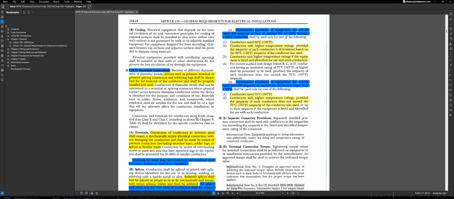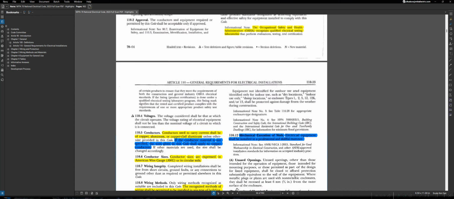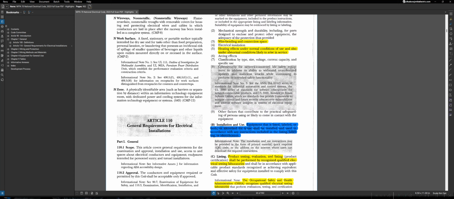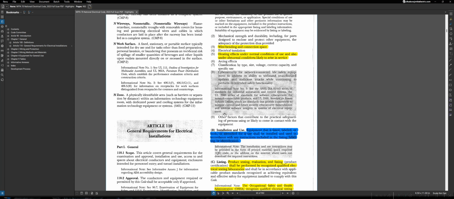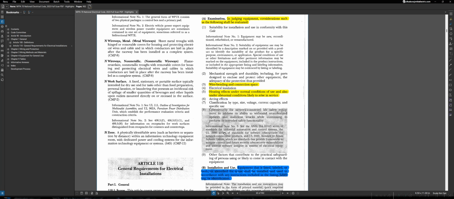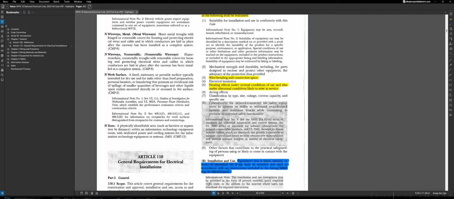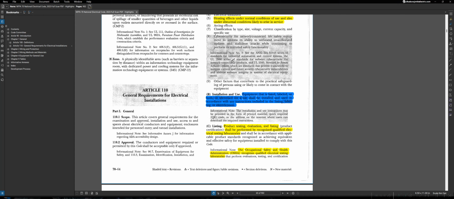So as a recap, if we come back up to our first page in section 110, to summarize, we more or less covered that the NEC gives general recommendations for what to evaluate when you're looking to install electrical equipment.